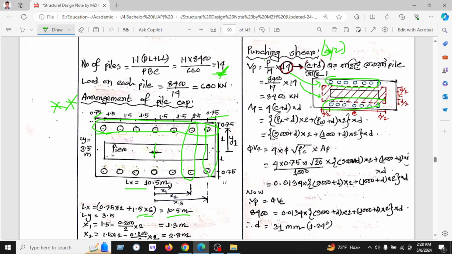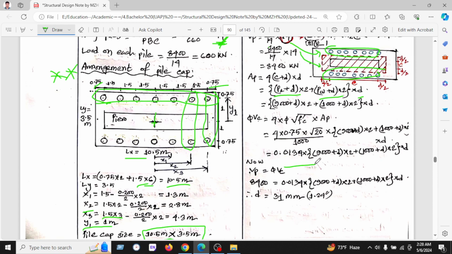Critical perimeter is 4 into C plus D, which is 4 into D, and the equation of punching shear is 4 into 5 into root over f times CFP. Putting this value, we found this equation.